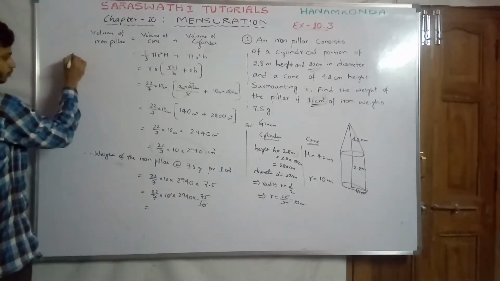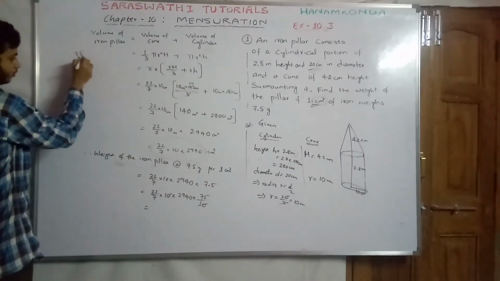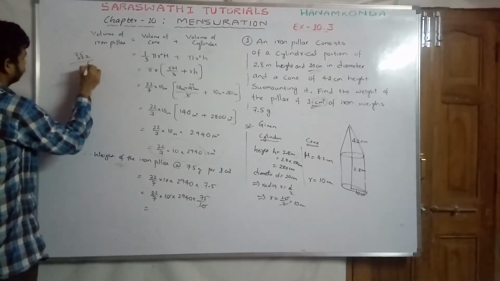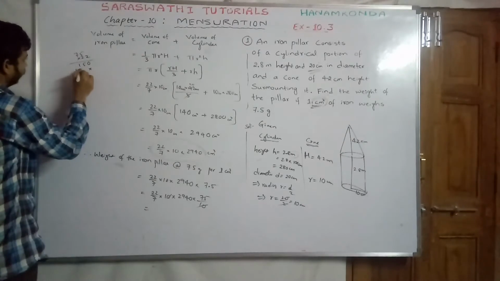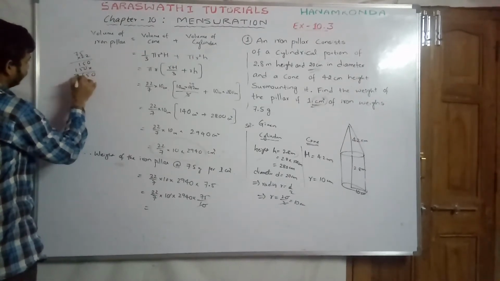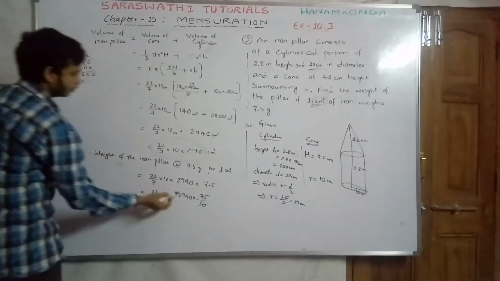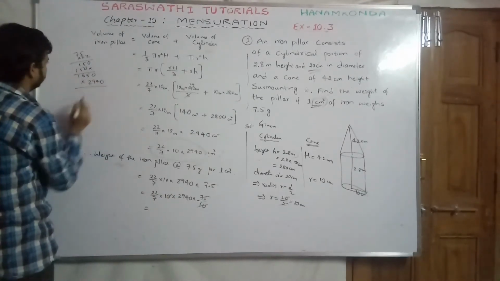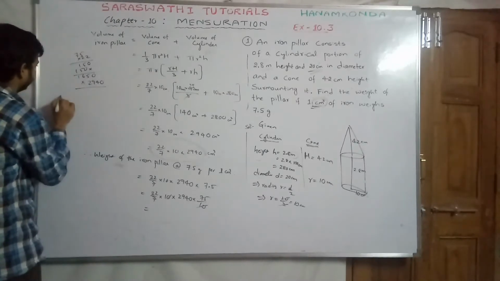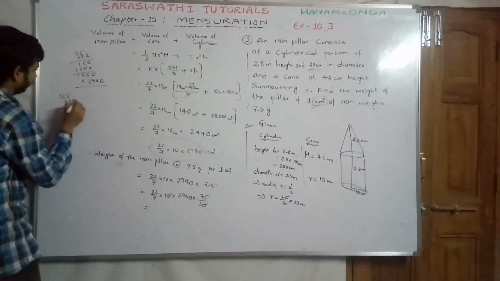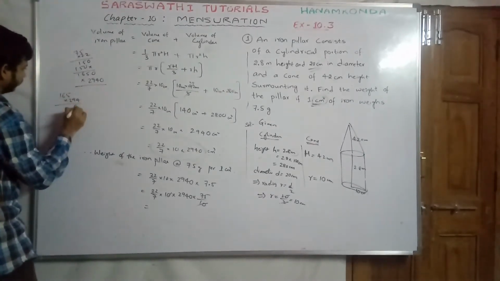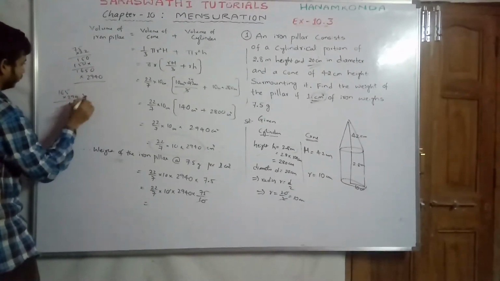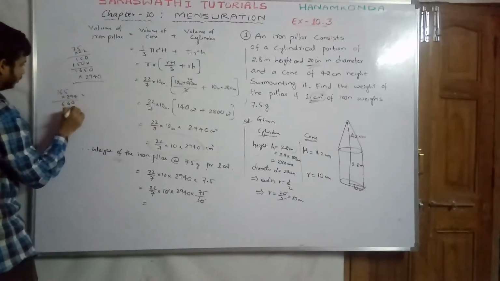So 75 into 22 is 1650, into 2940. So we can write 165 into 294, and multiply.